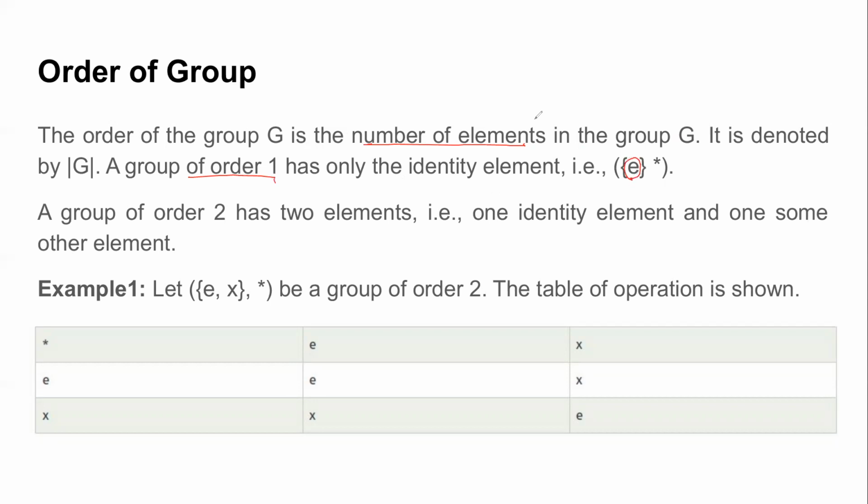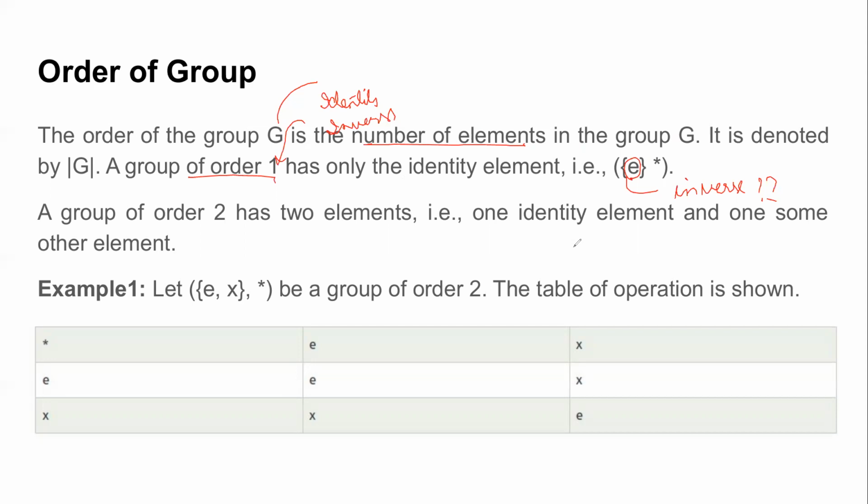Why is it so? Because for a particular algebraic system to be a group, it necessarily needs to have an identity as well as an inverse. Now, if it has just one element, then definitely that one element is the identity element. And what can you say about its inverse? If I have a group of order 1 which has just one element, what is its inverse?